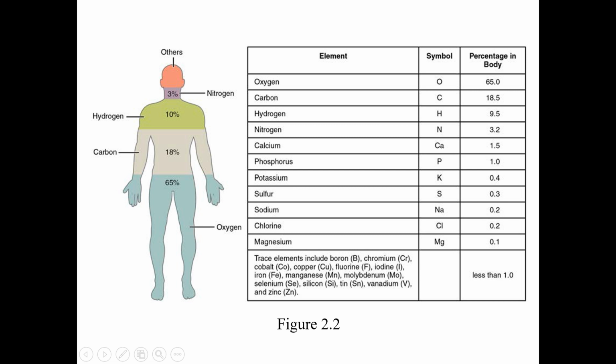So if you read N in your book, you need to know it's for nitrogen. If you see S, that's for sulfur. So here is a list of major elements: oxygen, carbon, hydrogen, nitrogen, calcium, phosphorus, potassium, sulfur, sodium, chlorine, and magnesium.